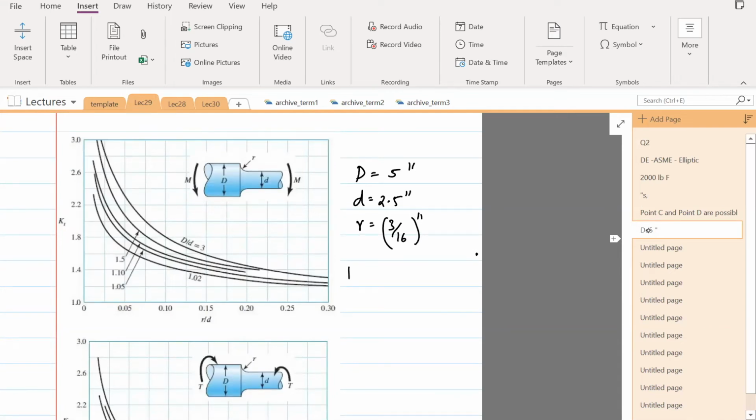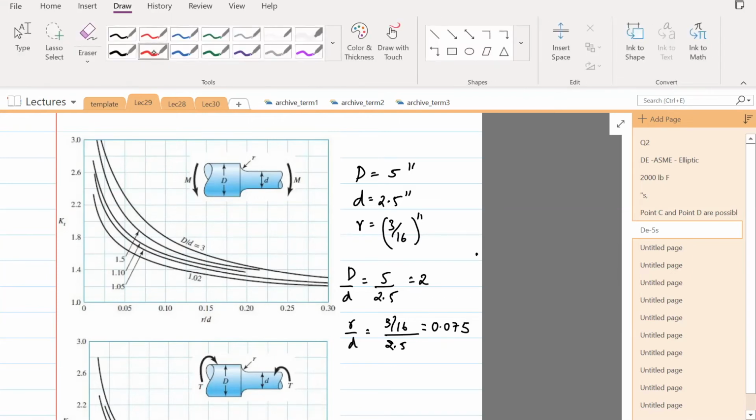Capital D divided by d is 5 divided by 2.5, which is 2. And r divided by d is 3/16 divided by 2.5, which is 0.075.